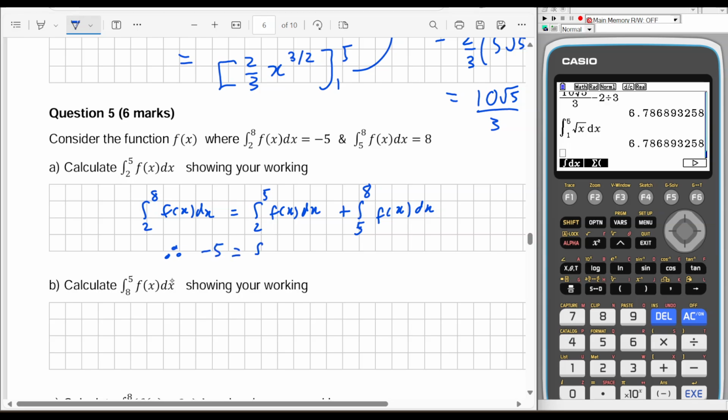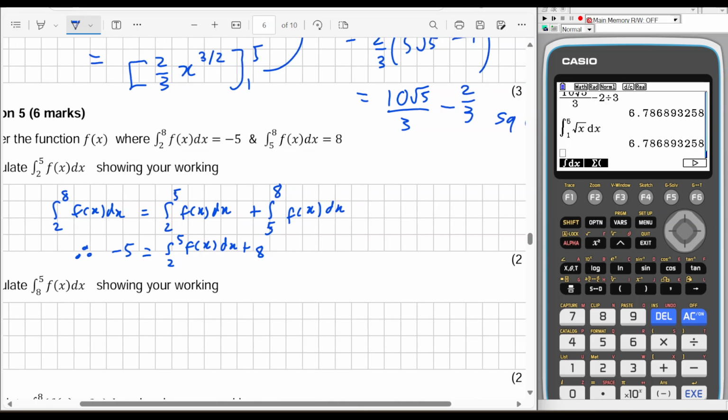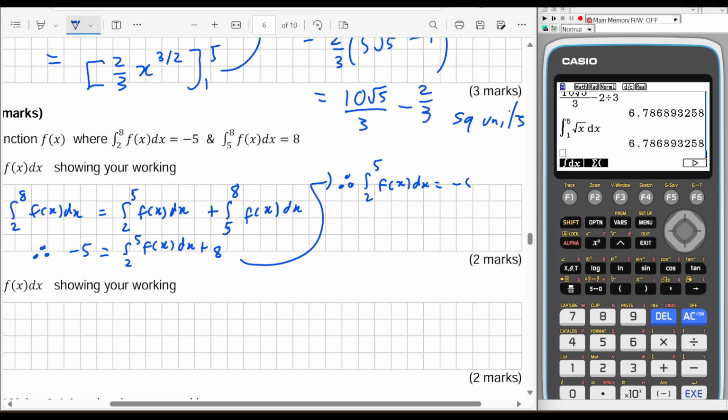Minus 5 is the integral from 2 to 5 plus 8. Therefore, the integral from 2 to 5 would be minus 5 take 8, rearranging the equation, which is minus 13.